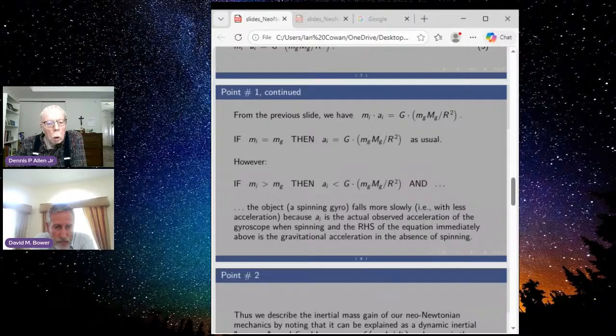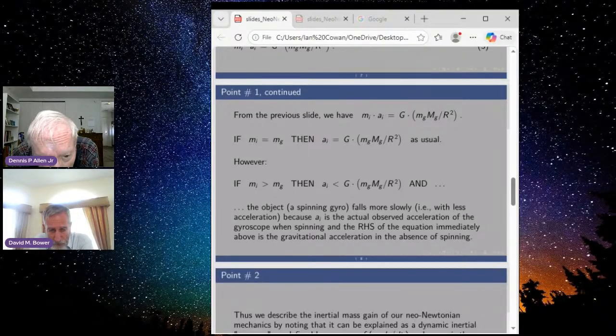However, if the inertial mass is greater than m sub g, then a sub I is less than this. And so the object, which we're considering a spinning gyro, falls more slowly, i.e. with less acceleration, because a sub I is the actual observed acceleration of the gyroscope when spinning. And the right-hand side of the equation immediately above is the gravitational acceleration in the absence of spinning.